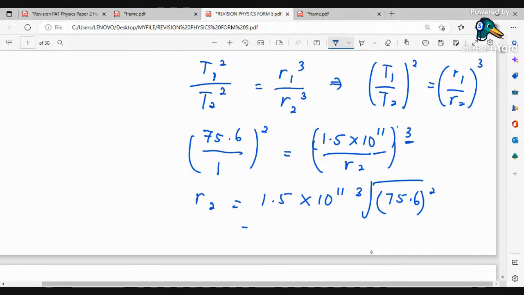Okay, so we get the answer will be 2.68 10 power 12 meter. Okay, ini root 3, root 3 ya. Okay, so you dapatlah ini. Okay, untuk yang Halley's Comet tadi. Okay, distance from Sun.